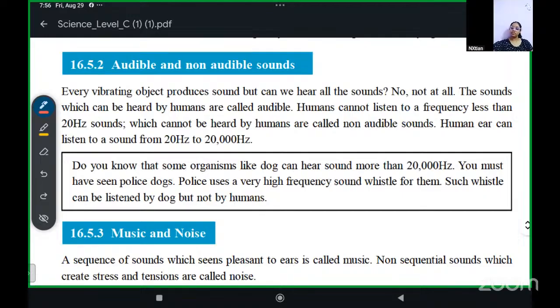Humans cannot hear a frequency less than 20 hertz. So we can only hear above 20 hertz, and we cannot hear below it.